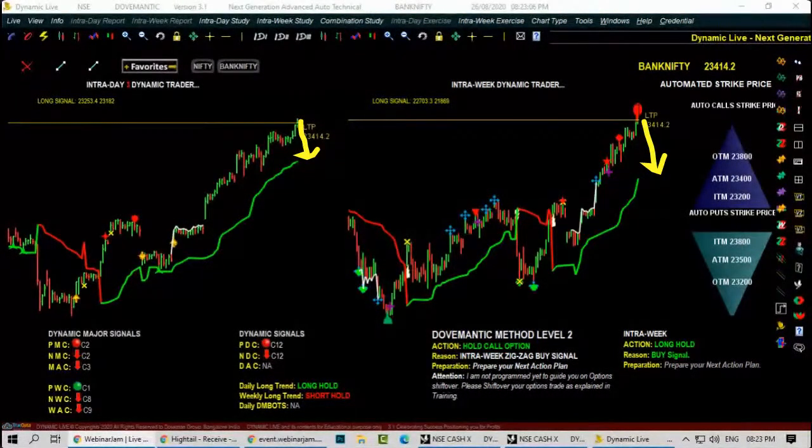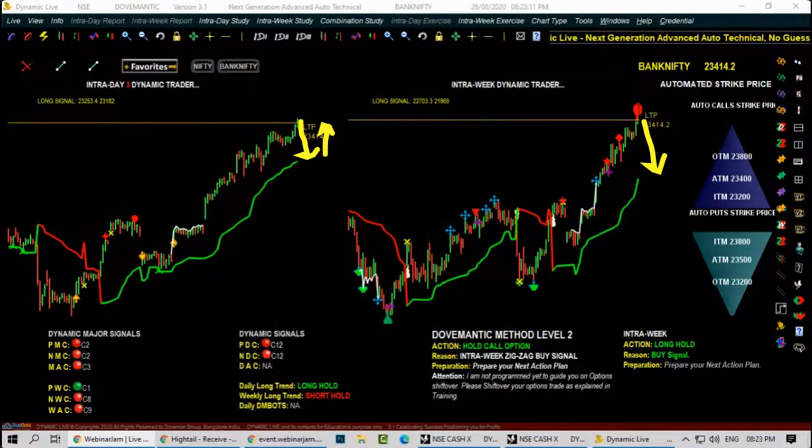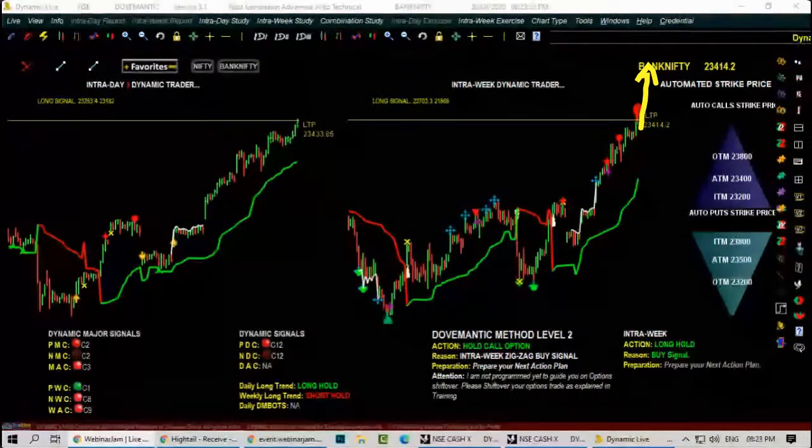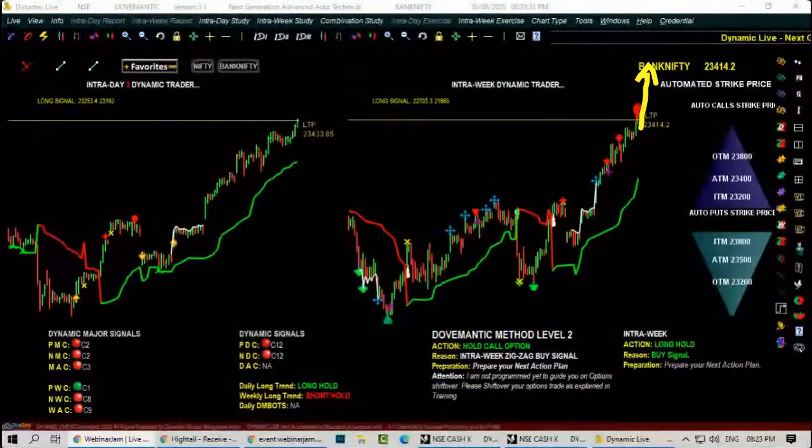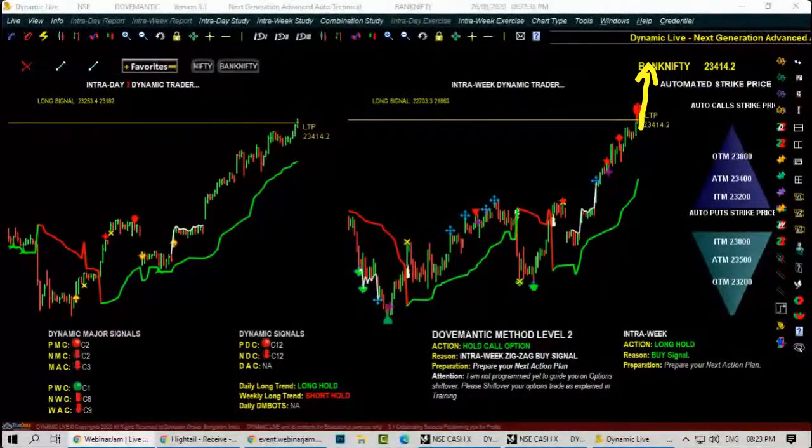If it goes up, wait for the intraday three speed signal to give you a buy without any caution. Or if it keeps coming down, then the preference will be to hold the short position, isn't it? And wait for better confirmation. So this is the plan for Bank Nifty. But if it doesn't come down and keeps on moving up, well, then you just have to sit quiet and relax. And don't forget to shift over as and when you find an opportunity to do that.